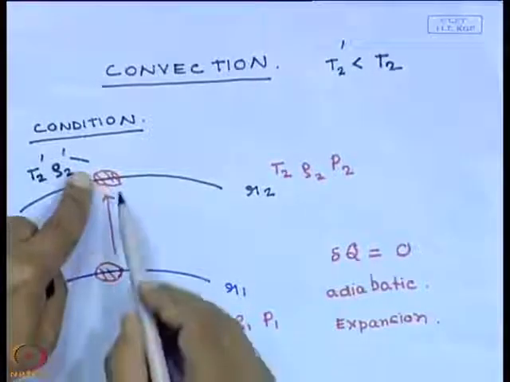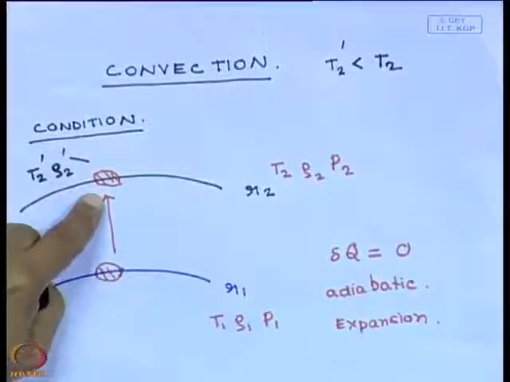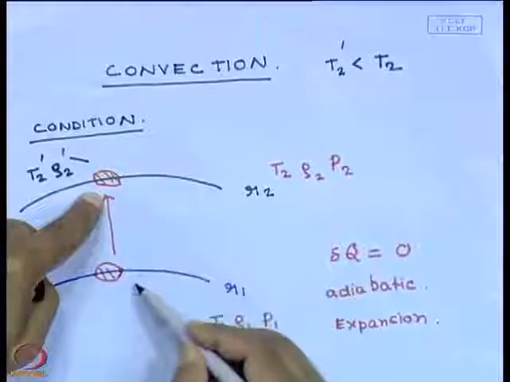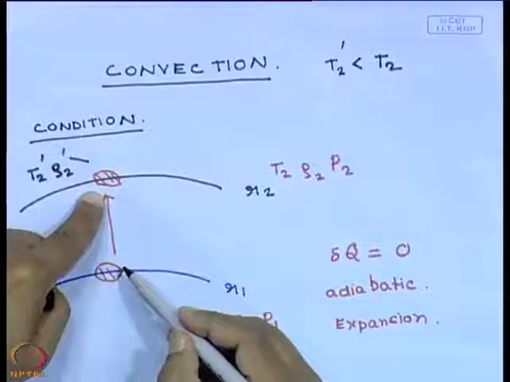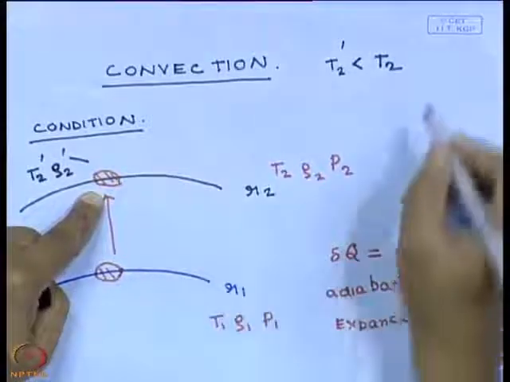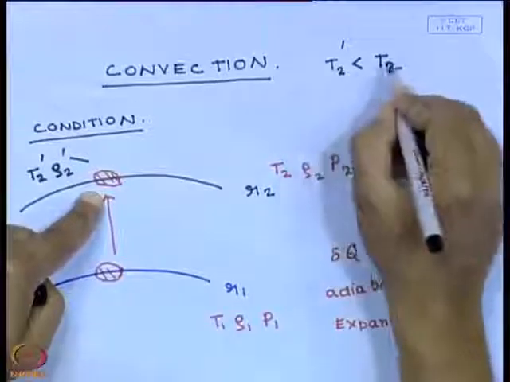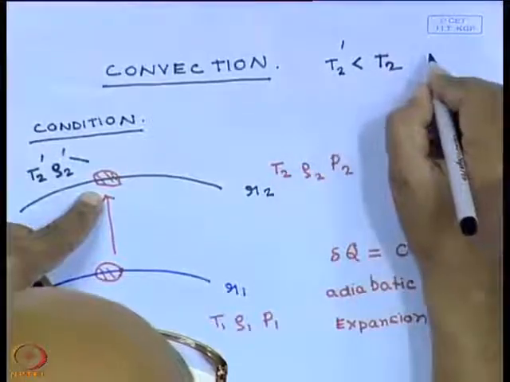Then the buoyancy force is going to act downwards and the bubble is going to come back to its equilibrium position and there will be no convection. So, if this condition holds, then there is no convection.